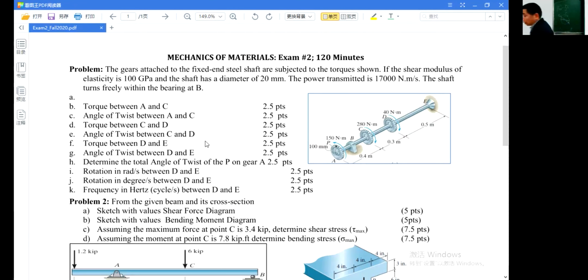We have found it. Oh, yeah. Then find it.